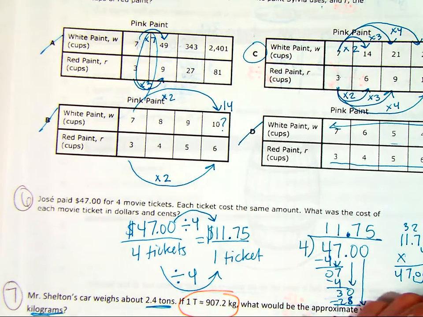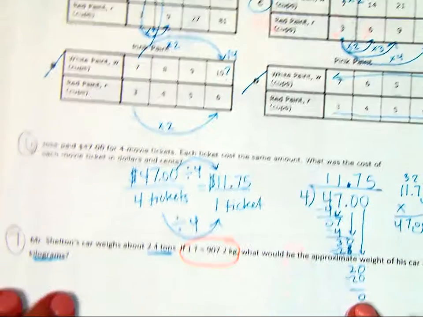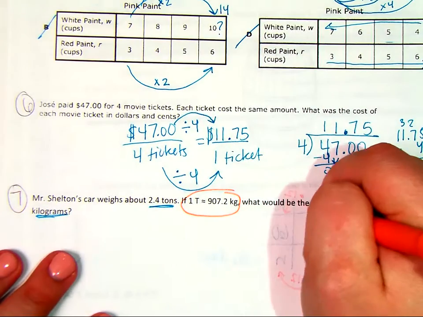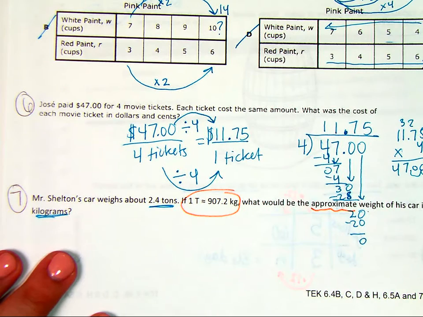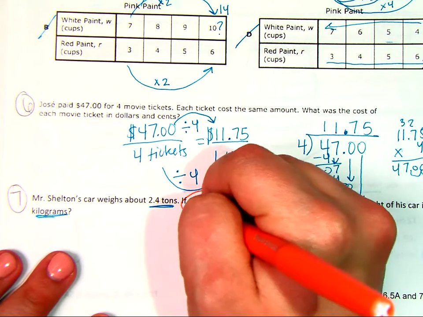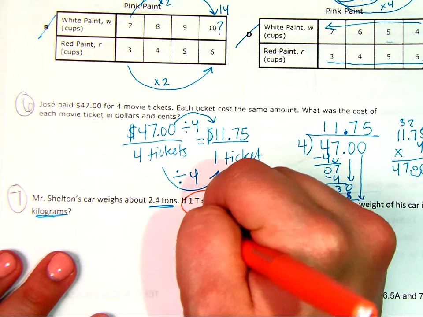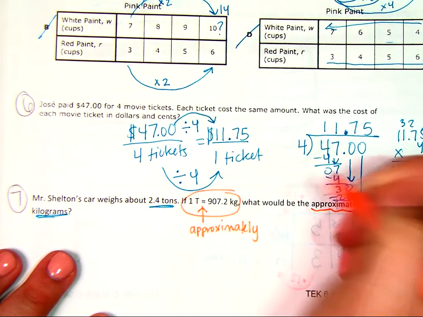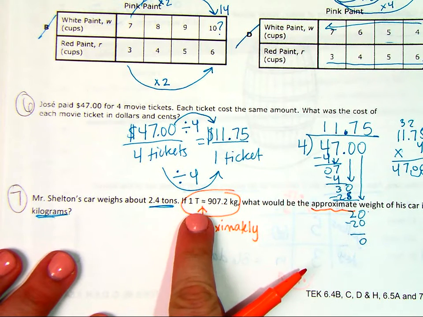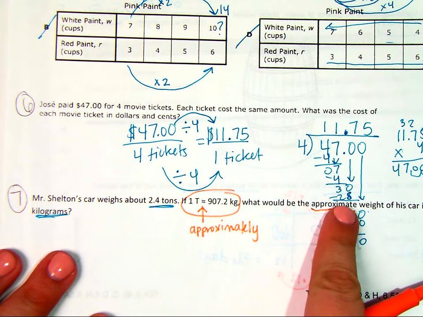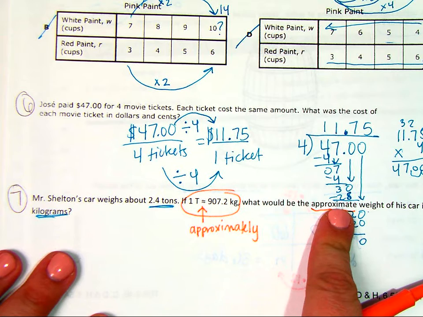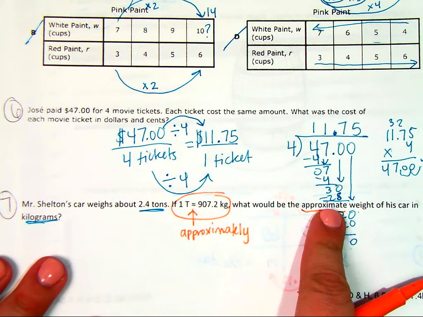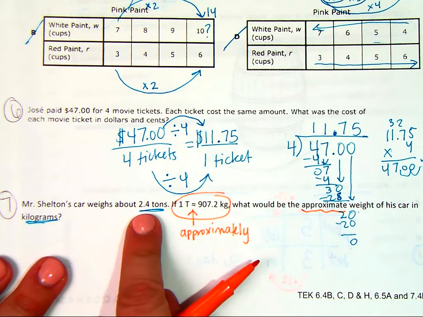Now, what threw some of you off is this word approximate. But we talked about in class that this symbol means approximately. So if I see that symbol in my conversion, like it is here, and then I see the word that it means here, I don't get to round it. I cannot make this 2 tons or any other rounding.